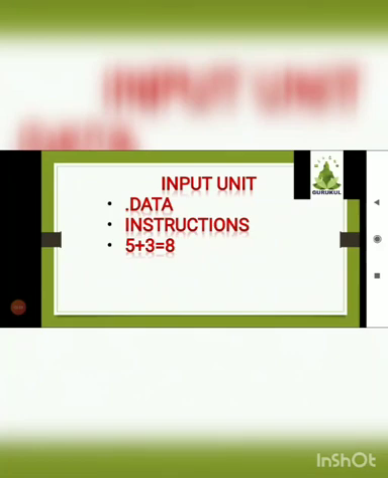Here 5 and 3 are both data, the collection of numbers. And what to do with the data? We need to process the data, means we need to add the data: 5 plus 3, and the result comes 8. Here 5 and 3 are data, and plus or addition is the instruction.